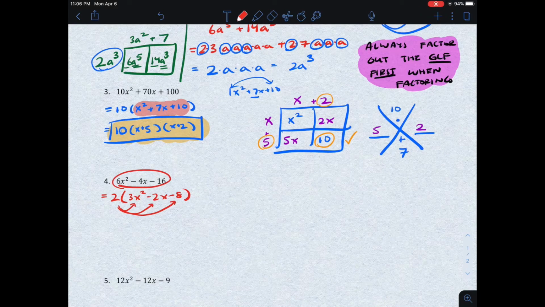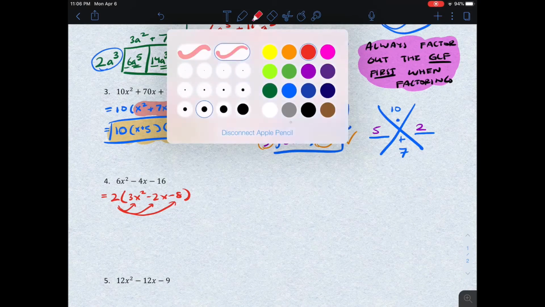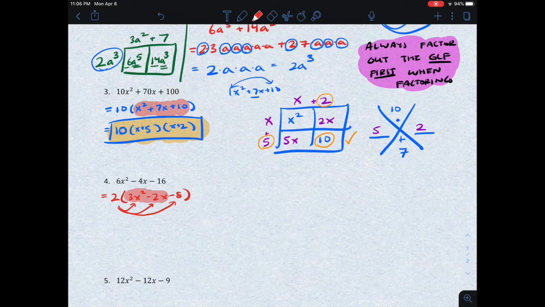And if you don't, then you know you made a mistake. So now from here, what we're going to do is focus on factoring 3x squared minus 2x minus 8. I know that in the end, my final answer is going to have a 2. And now I need to figure out what goes inside those parentheses. So let me put 3x squared minus 2x minus 8 here, because this is going to be our main focus.